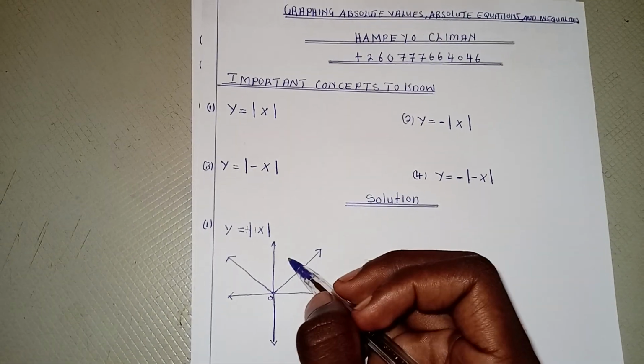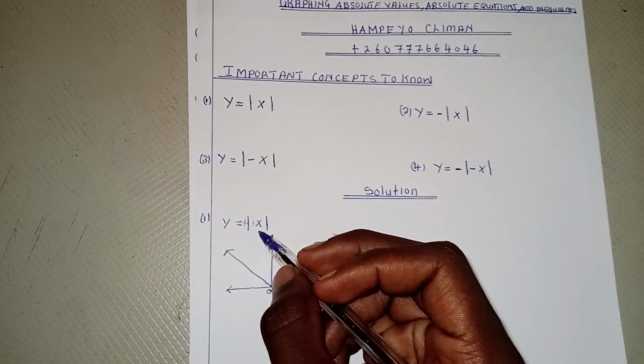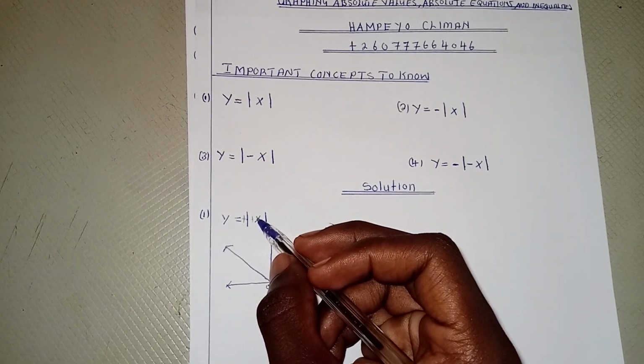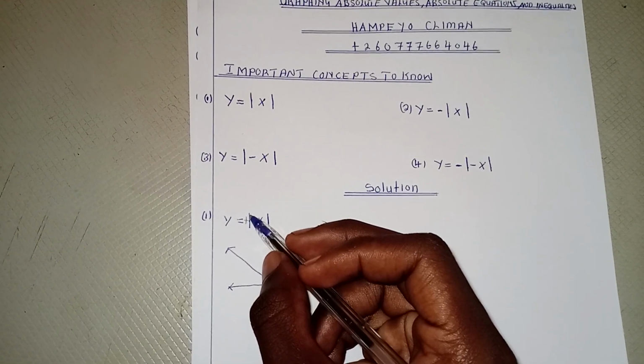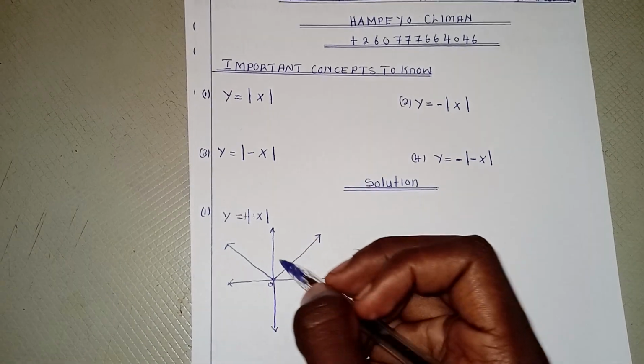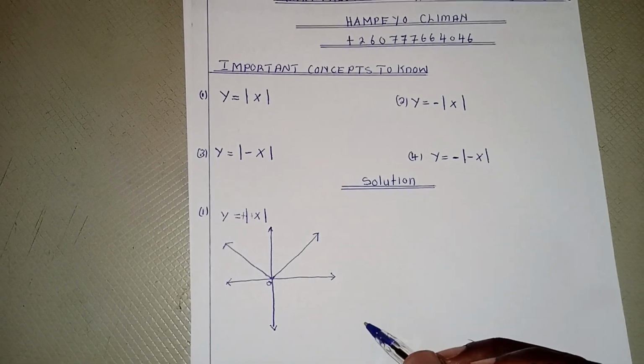This is simply to confirm to you that when you're dealing with absolute values, you may not really know whether the value inside is negative or positive. Why? Because the absolute value makes a function either positive or negative. That's the reason why its graph comes out like this.